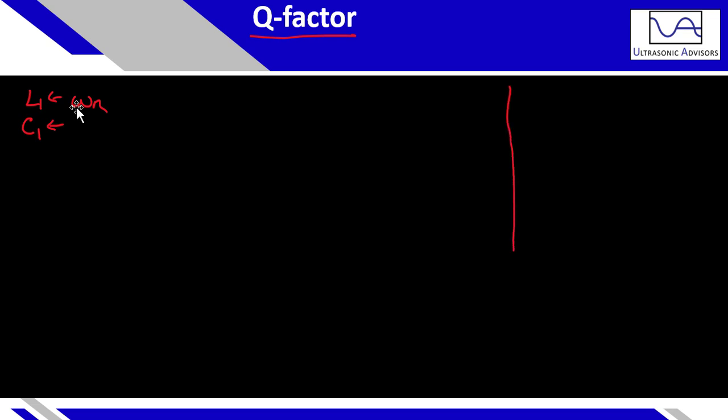So let's start by drawing a plot. And here we have our resonant frequency. And at the resonant frequency, it's the maximum real admittance.